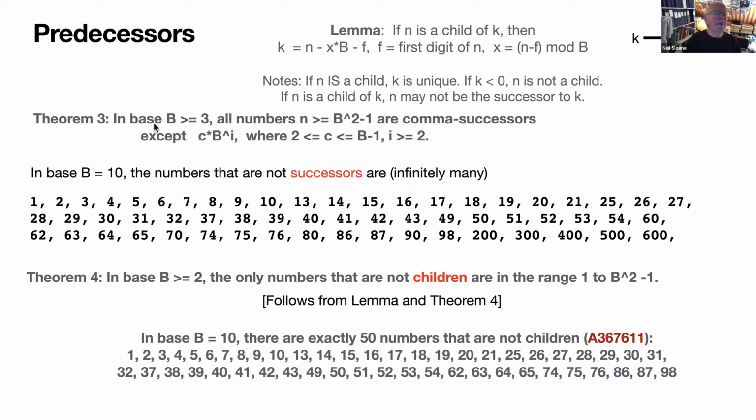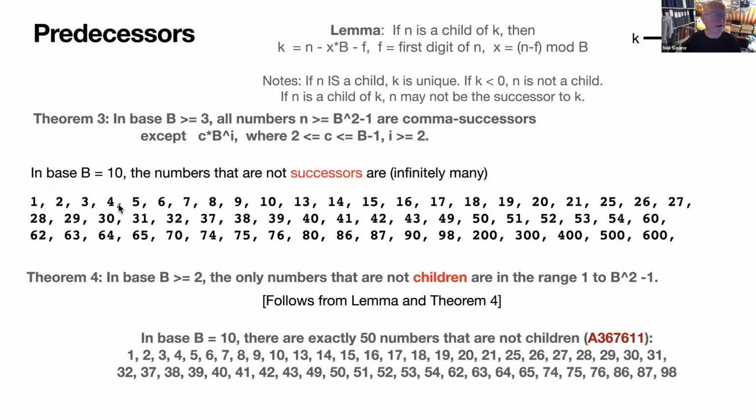So we have a theorem that in any base bigger than or equal to 3, we can say exactly what the parents are, what the comma successors are. Sorry, we can say which numbers don't have successors. Let me show you what it is for base 10. In base 10, there are infinitely many numbers that don't have parents, that are not successors.